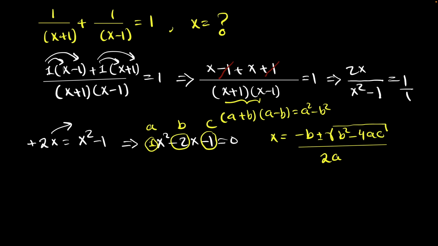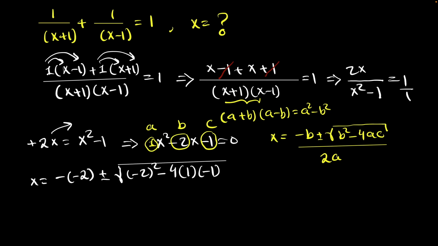So x is equal to negative b. Our b is minus 2, so negative of negative 2, plus or minus from the formula, the square root of b square, which is minus 2 square, minus 4ac, where a is 1 and c is minus 1, over 2a. Our a is 1. Let's simplify this term.